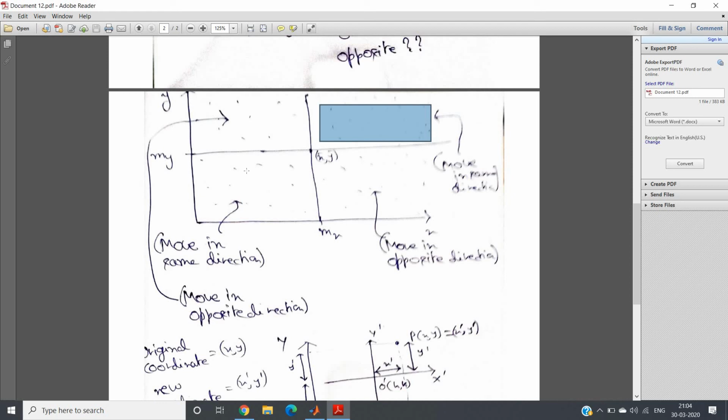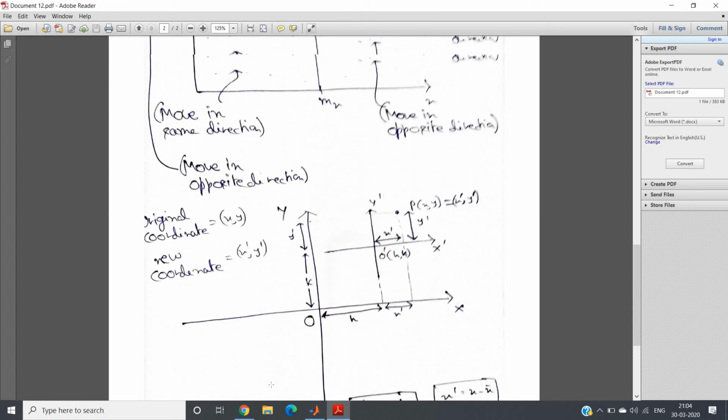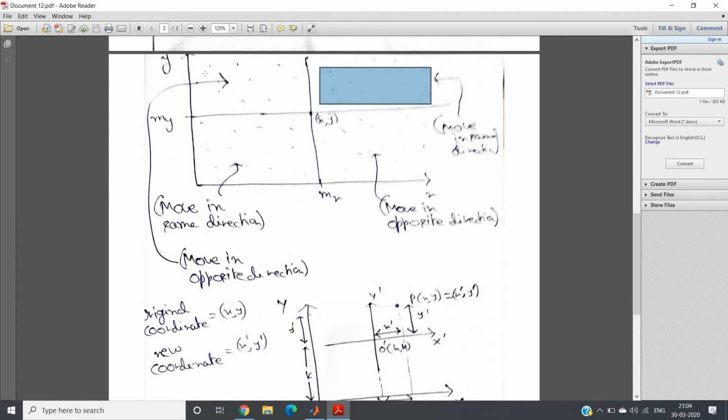That means if covariance is positive, x and y move in the same direction: if x goes up, y also goes up, and if x decreases, y also decreases. But if this average value becomes negative, then we can conclude that more data points are present in the second or fourth quadrant. That means they are following a reverse pattern: if x increases, y decreases, and if x decreases, y increases.